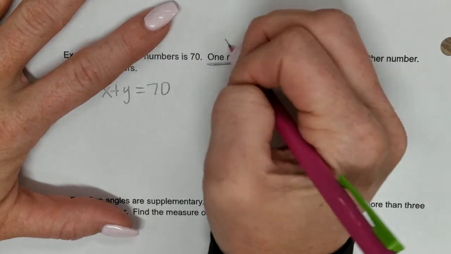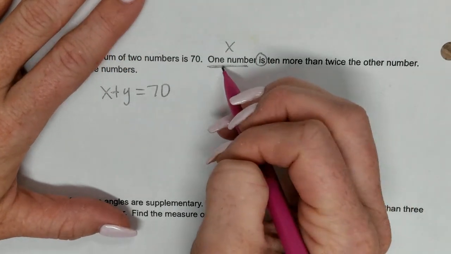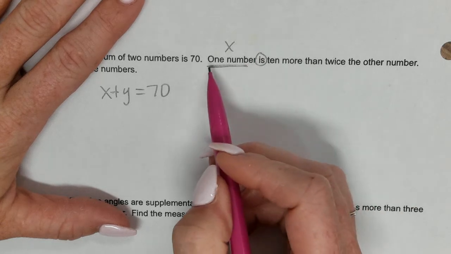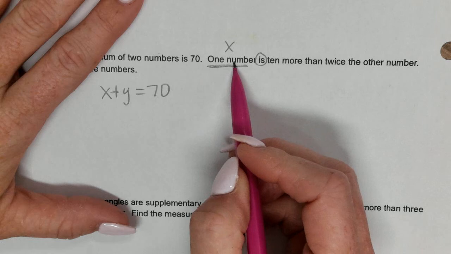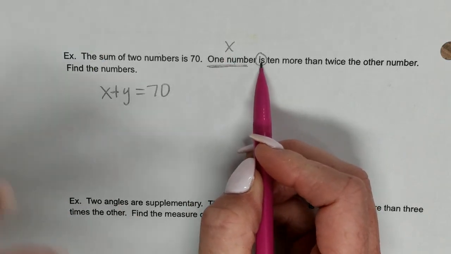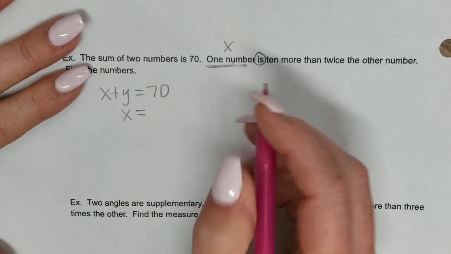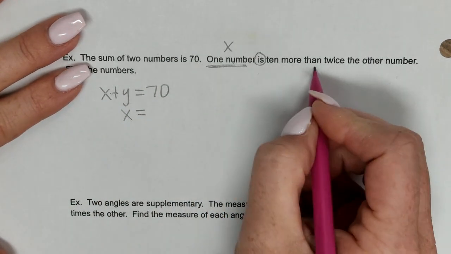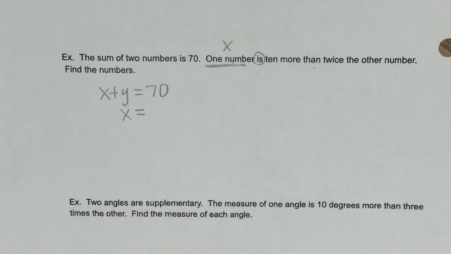X is. One number, which is x, is. So x equals 10 more than. Y'all, we're literally writing the words out.